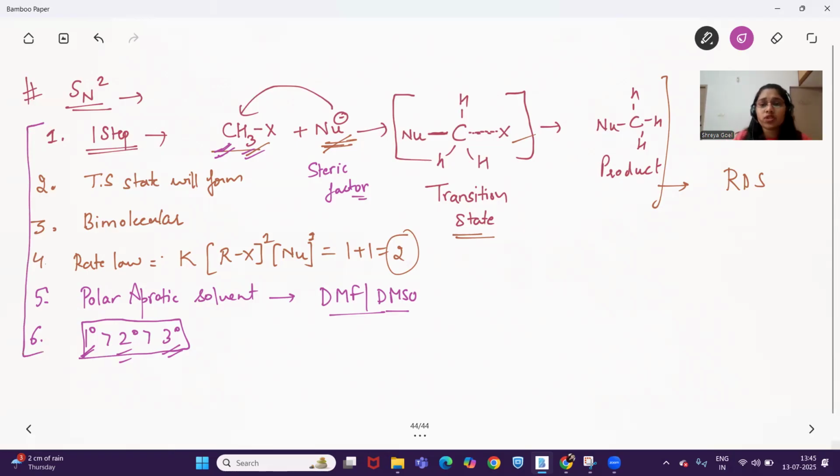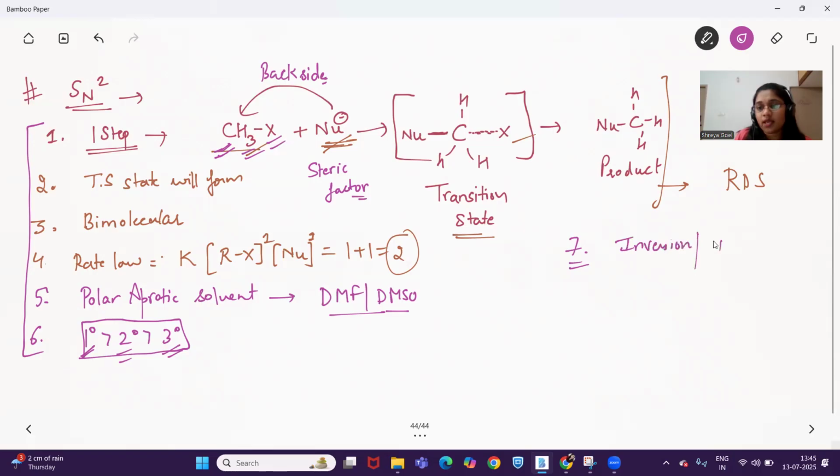Now coming to the stereochemical aspects, as you can see, nucleophile is attacking from the back side here. So if X is present in the front side and nucleophile is attacking from the back side, we will get the inverted product. What is inverted product? You will get inversion here.